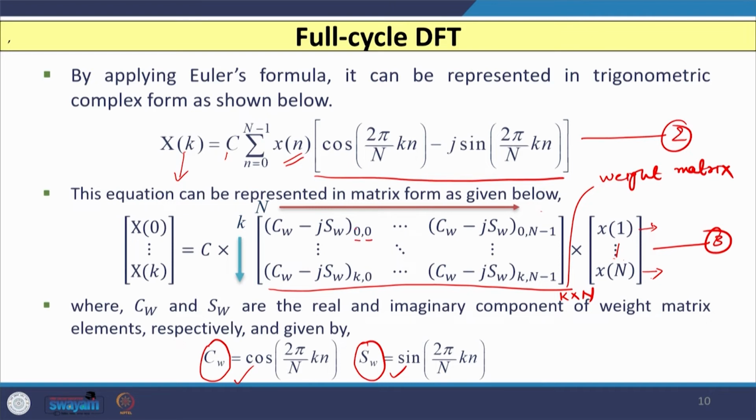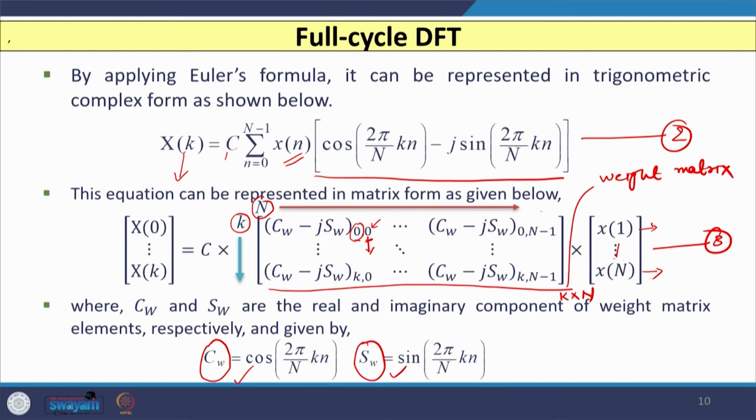The first index indicates the value of k, and the second indicates the column, that is N, the number of samples in a cycle.